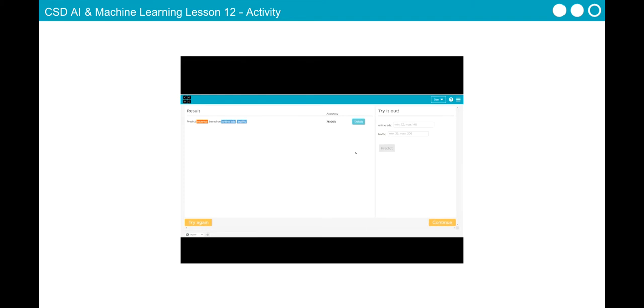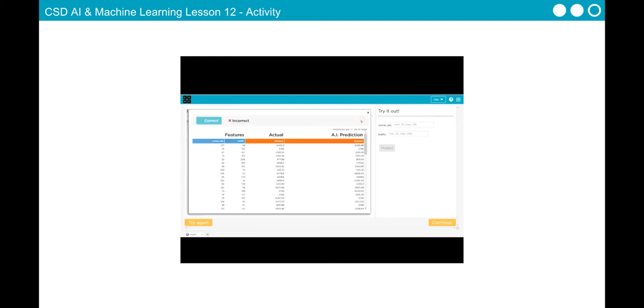Another difference between numerical data and categorical data is on the results screen. With categorical data, we could calculate accuracy like a checklist. Every time AI bot guessed exactly right, it made our accuracy higher. With numerical data, it's more like a dartboard. As long as AI bot's guesses are close enough, we still count them as correct.